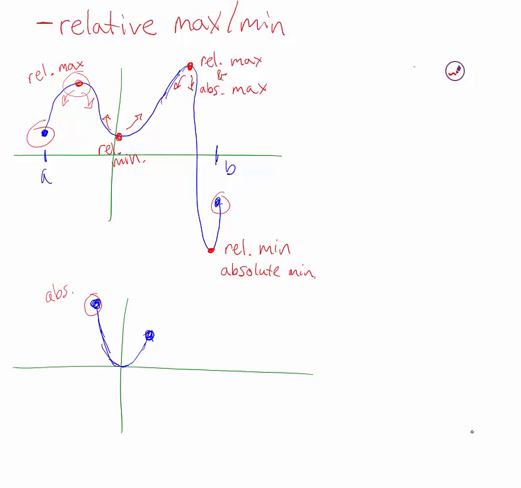It's the biggest point on our graph. And down here would be an absolute minimum, but also it's a relative minimum. And then this last point would just be kind of nothing.